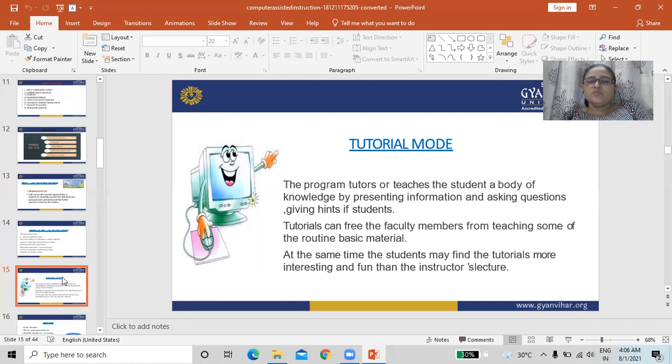Tutorials can free the faculty members for teaching some of the routine basic material. At the same time, the student may find the tutorial more interesting and fun than the instructor.